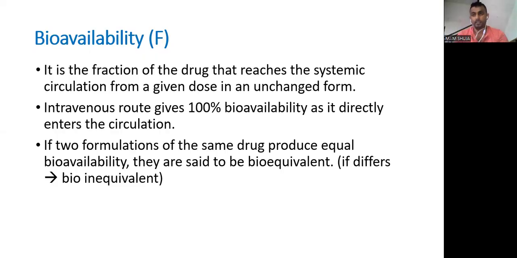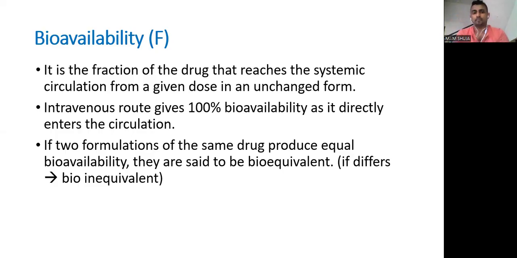Then what is the percentage? 70 divided by 100, 70% or 0.7. That is bioavailability. So these are definitions. You have to remember them, or without memorizing the definition, you can write it in your own understandable manner in simple English.